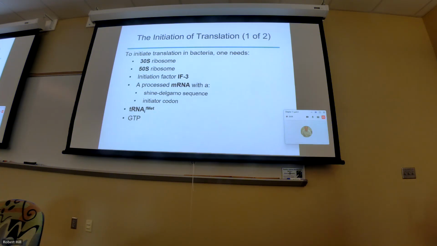Okay, so what are the different steps of translation? We're going to cover translation in eukaryotes as compared to prokaryotes. Obviously, the small subunit is 30S and the 50S is the large one. There are a few initiation factors that are involved in translation.